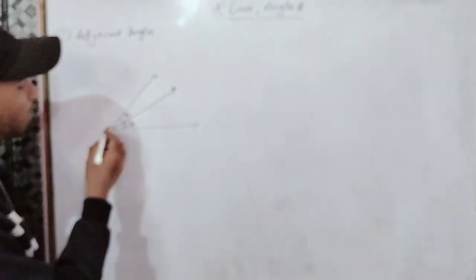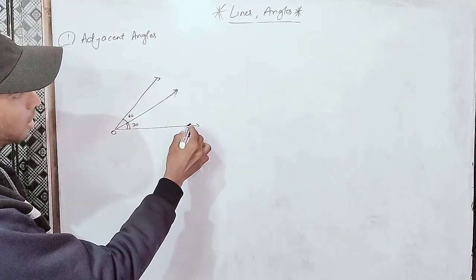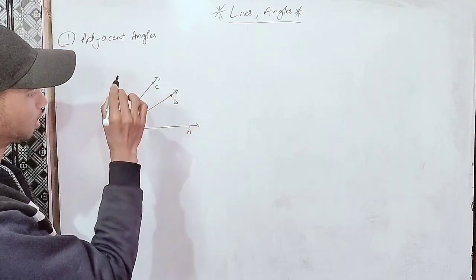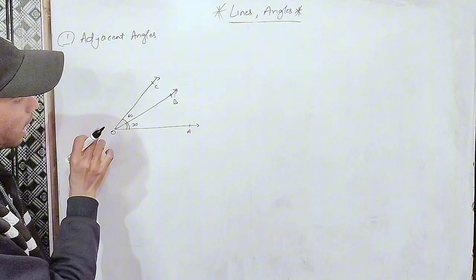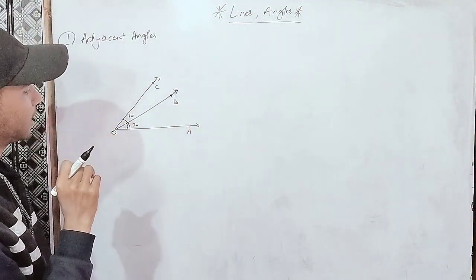Before that we have to name it. This is O, this is A, and this is B, and this is C. Now rotation of angle COB is how much? 30 degree.